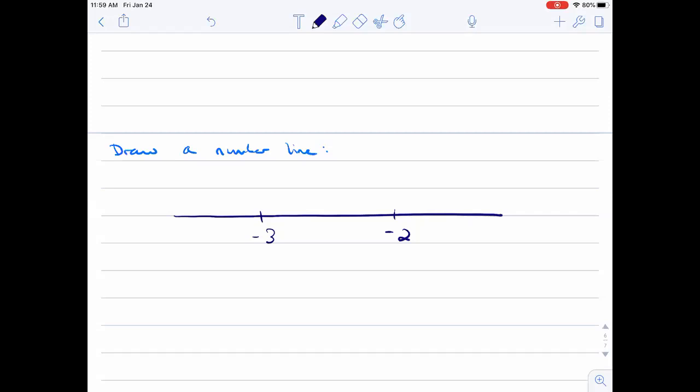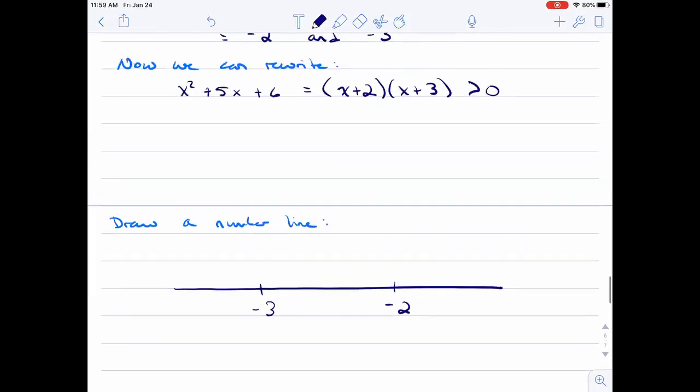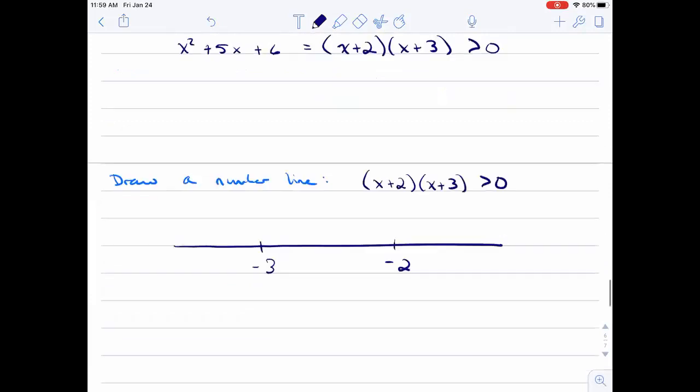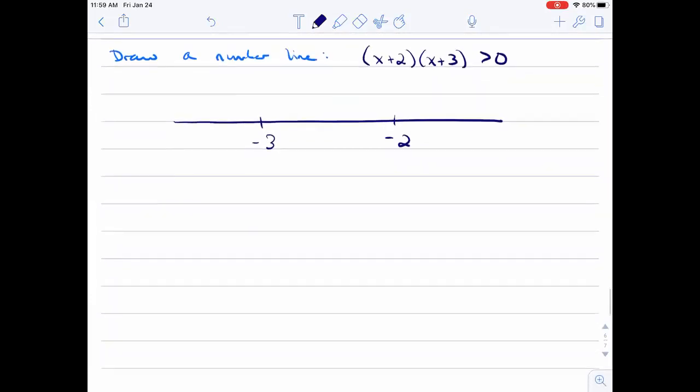Okay, so now what we do is we think about, I'm just going to copy it down here, x plus 2 times x plus 3 has to be greater than 0, right? So now if I move this up, the trick that we usually end up using is I just pick some value on this side. I have to pick a value in this interval and a value in this interval.